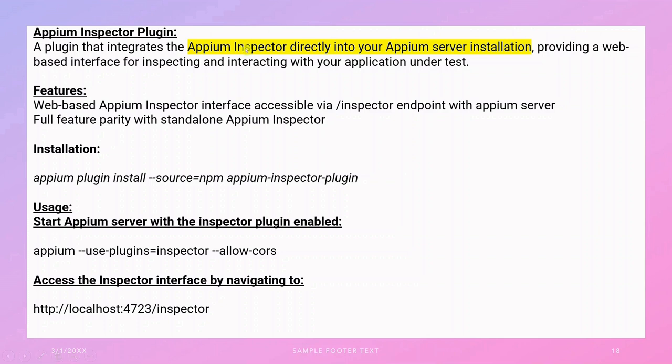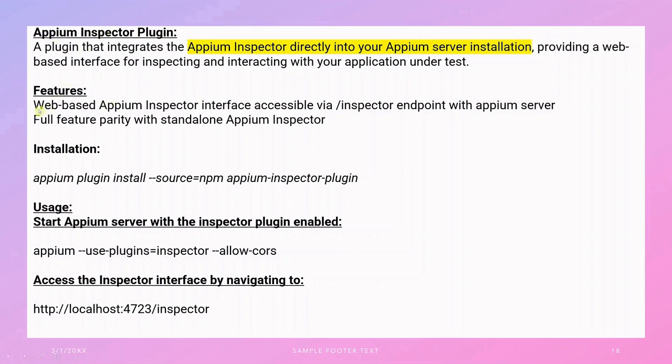It provides a web-based interface for inspecting and interacting with the elements in our AUT, that is the application under test. Okay, this is the use of this APM inspector plugin.